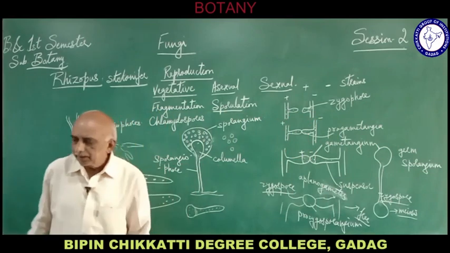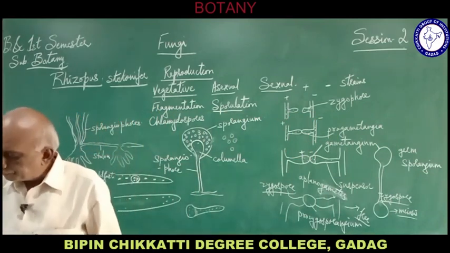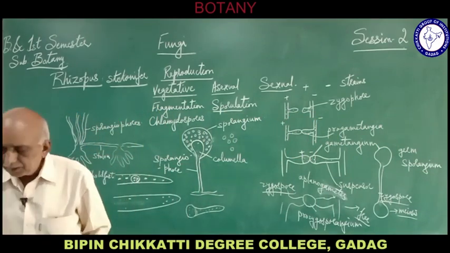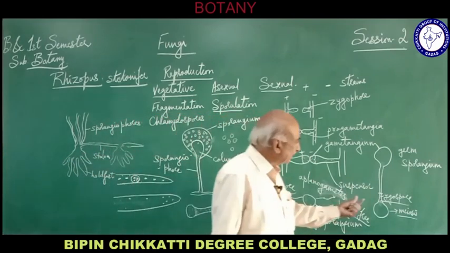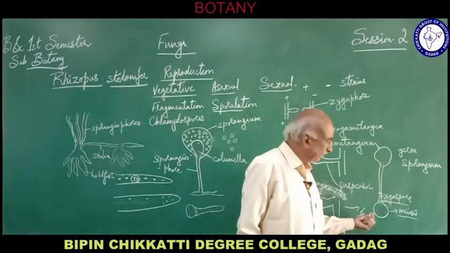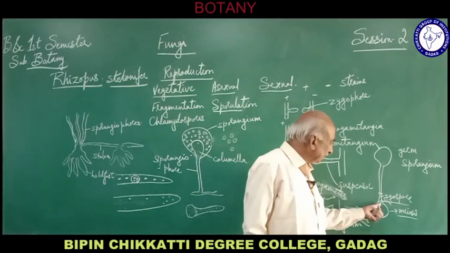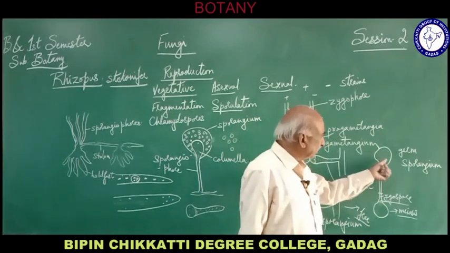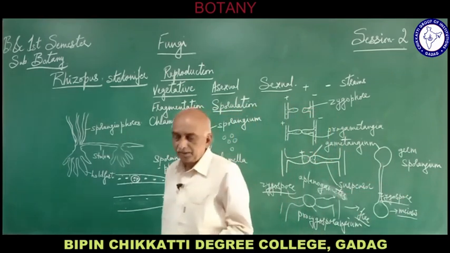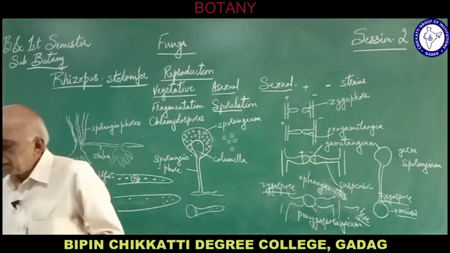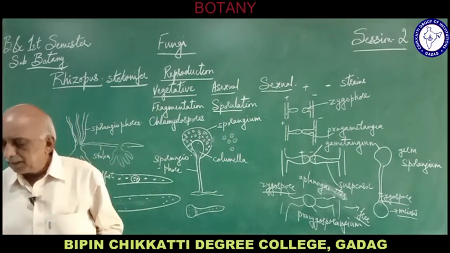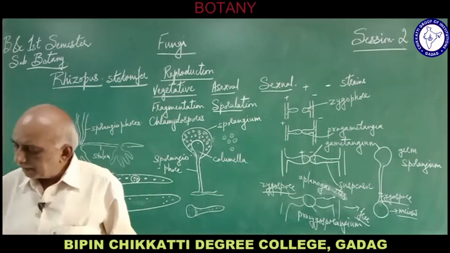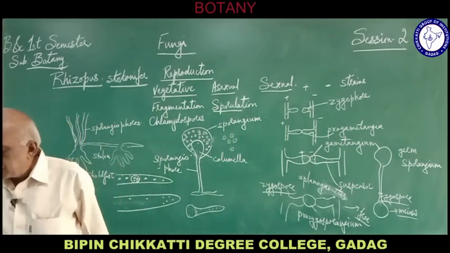So the germ sporangium which is formed. Now actually this is called as a promycelium. This is not the real mycelium. So it gives rise to a germ tube called as a promycelium. The promycelium gives rise to the germ sporangium. So the germ sporangium will divide and it will give rise to spores.